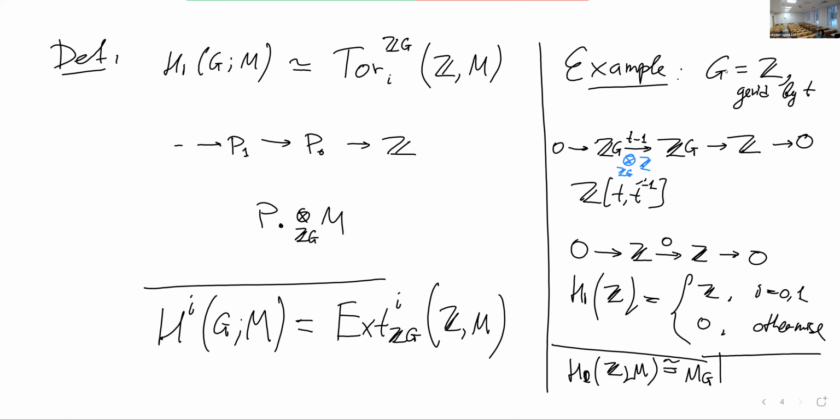Okay, so we have H_0 equal to M_G and H^1 equal to M^G. So for symmetry, let's write the answer for cohomology. It's the same with 0 and 1, and G moved upstairs.